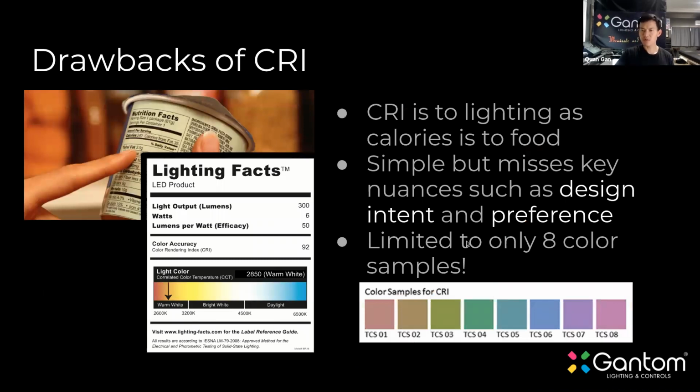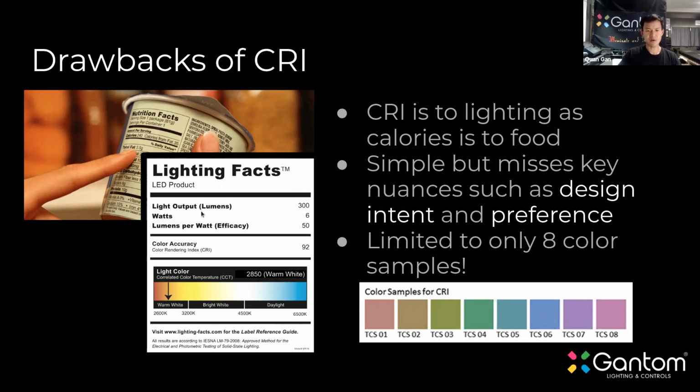It's a simple number, but I have to warn you, it's like counting calories when you eat your food. If the calorie count was the only thing that you looked at on your nutritional facts, then it leaves quite a bit of other information behind that you may be overlooking. I'm sure you've seen on the back of light bulbs at Home Depot and such that the lighting facts look awfully similar to the nutritional facts on your food.